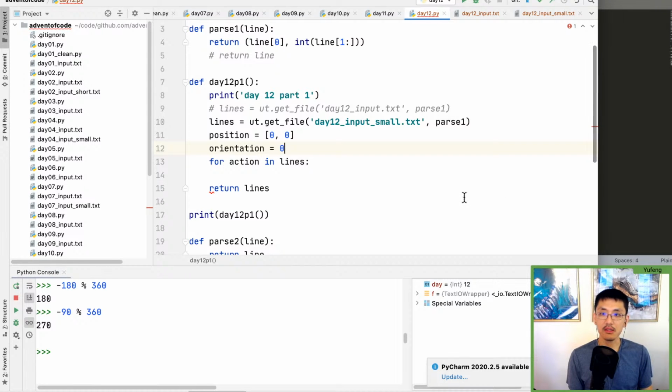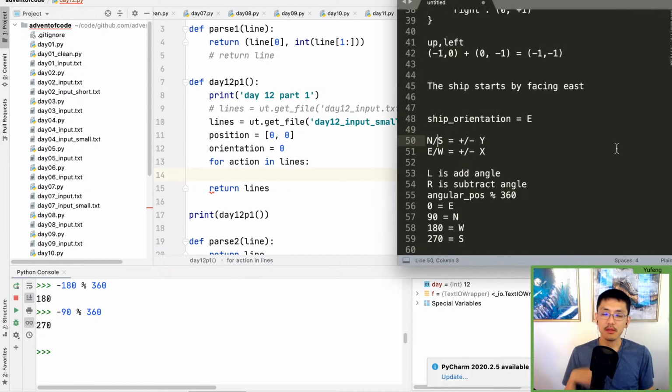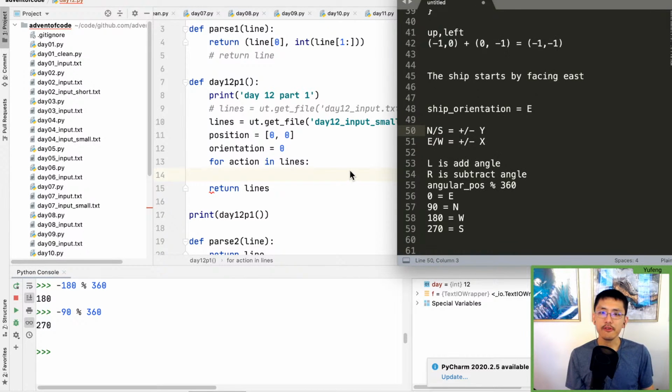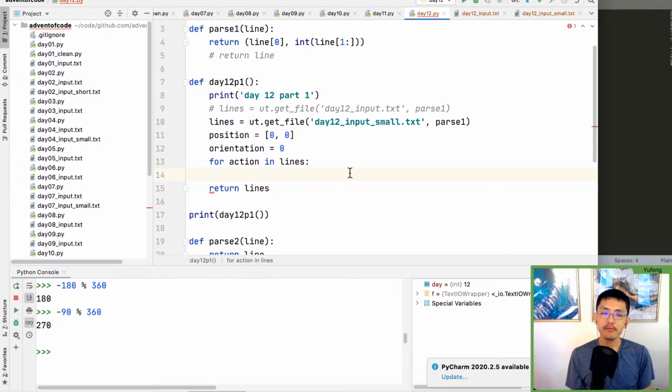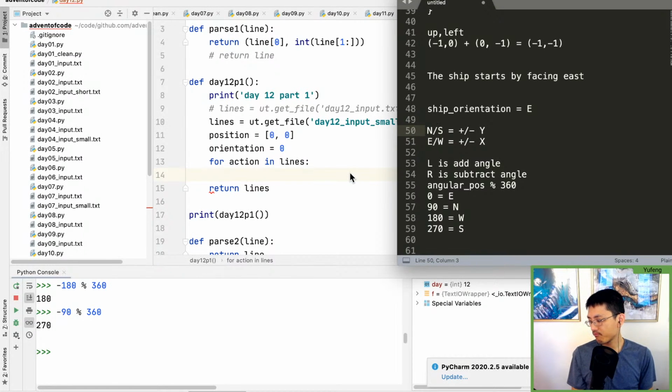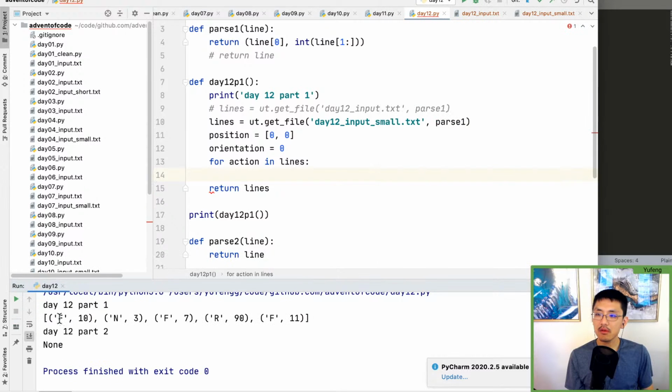We start out facing east. And we're going to say for each one, so it's like forward 10, or north 3, whatever the number is, we want to move the coordinate in a certain direction.